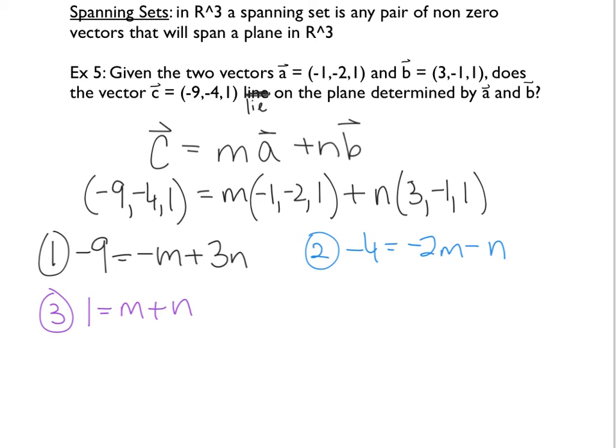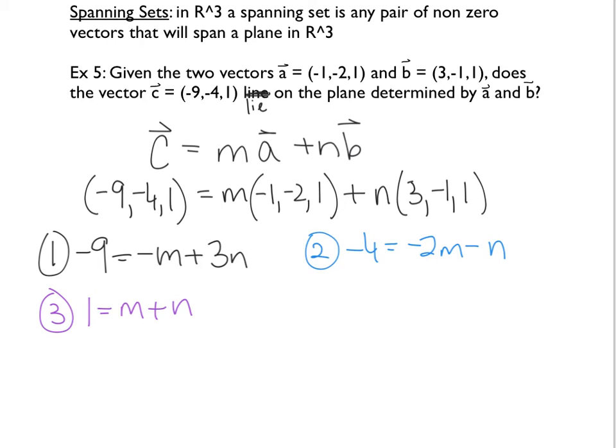So here we have equation 1, this is for your x values, equation 2 for your y values, and 3 for your z values. So looking at these equations, I feel like I'm going to work with equation 3 because it's the simplest to isolate for a variable.